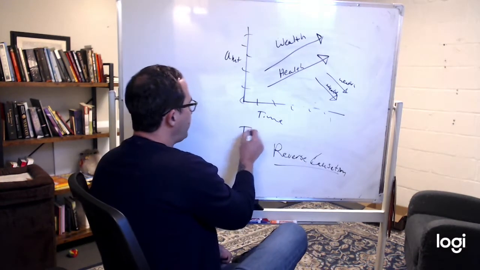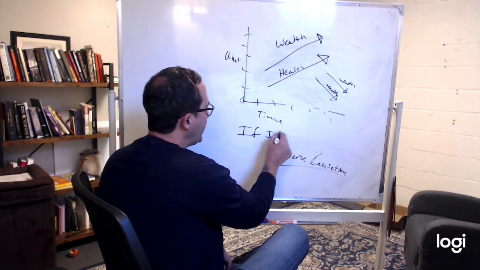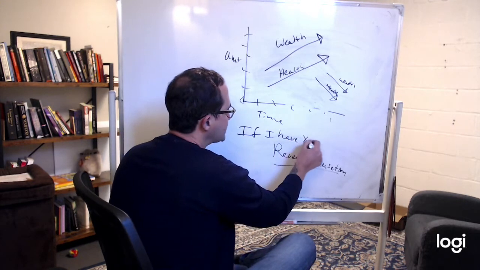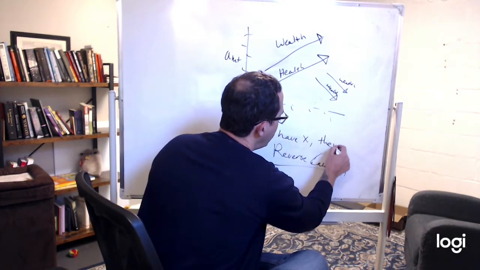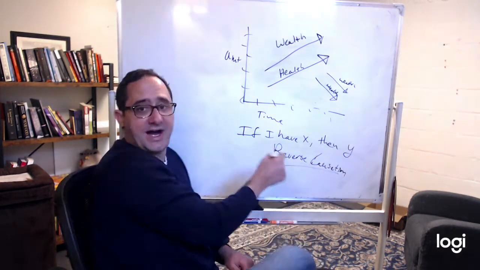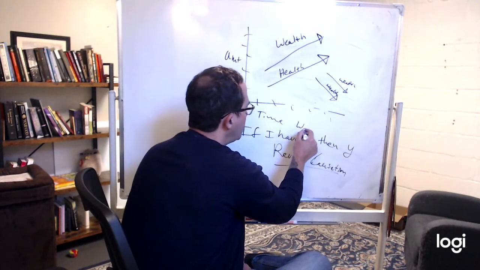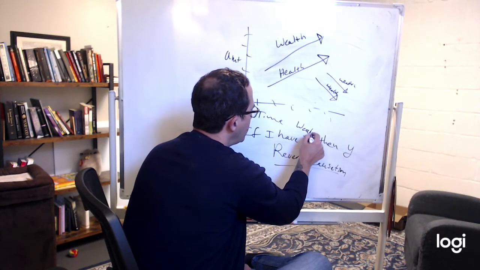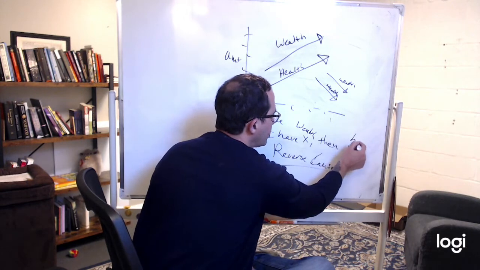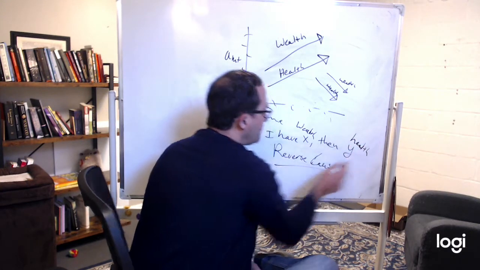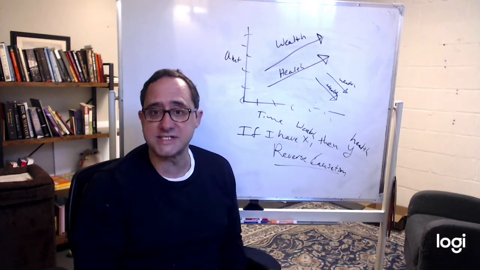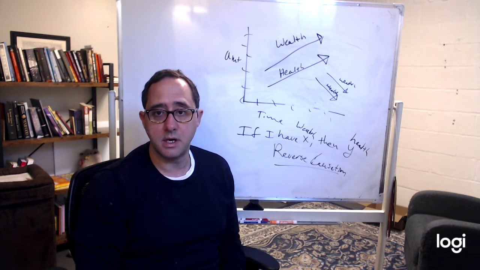If I do an if-then, if I have X, then Y. If I have wealth, then I have health. In that, wealth causes health. Okay?